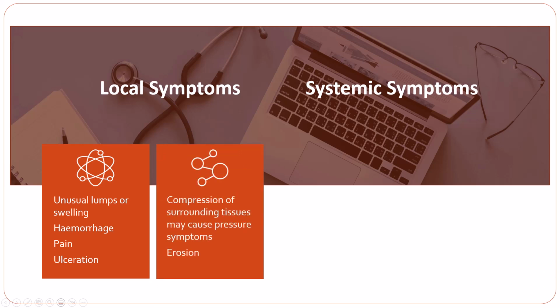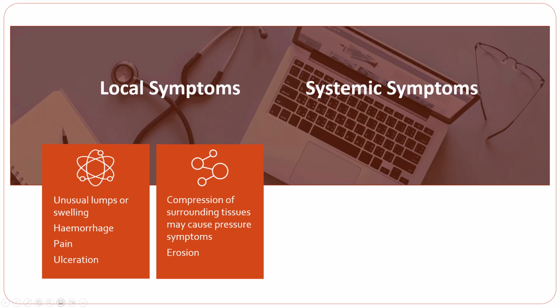Compression of surrounding tissues may cause pressure symptoms. If the tumor mass is located in a place where there is not enough room, it will cause pressure symptoms much earlier. If the tumor mass is located in, say, for example, the abdominal cavity, the pressure symptoms will come very, very late. There could also be erosion of the local tissues.